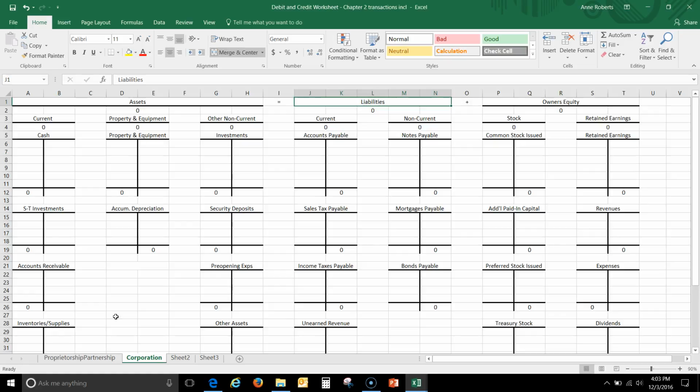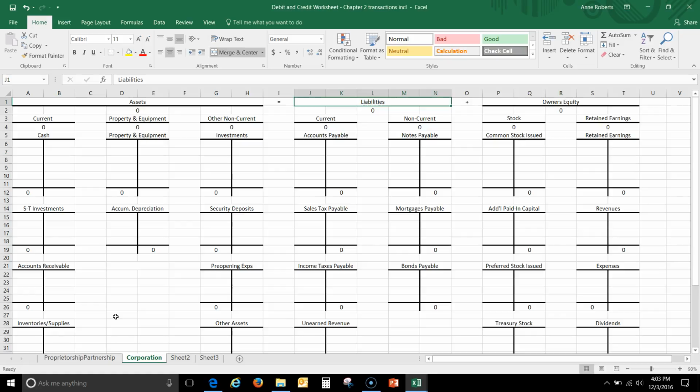Now keep in mind though, when you actually key journal entries into the general journal, nothing has actually been affected out here on the balance sheet and in the accounting records. So the general journal occurs outside of the accounting records.